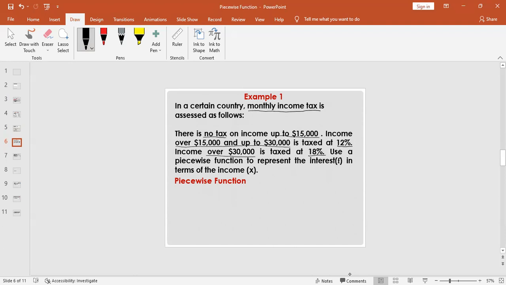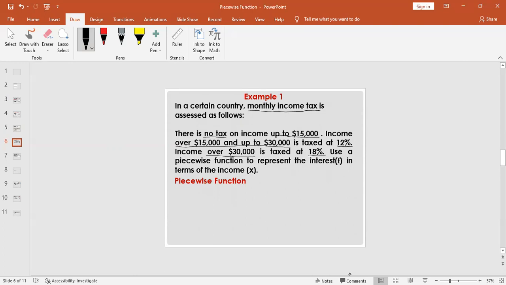So, if we are going to analyze the given problem, there are 3 conditions. But before we proceed, of course, the first thing to do is to understand and analyze the given problem. So, let me explain the given problem using the Filipino language.